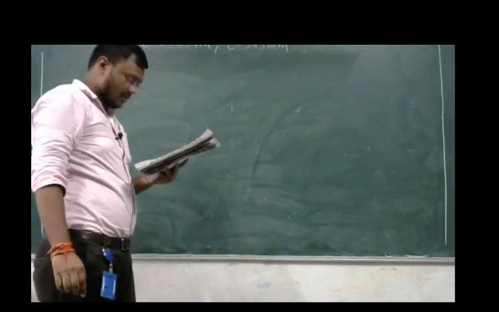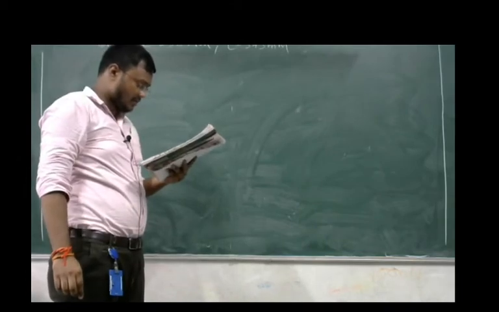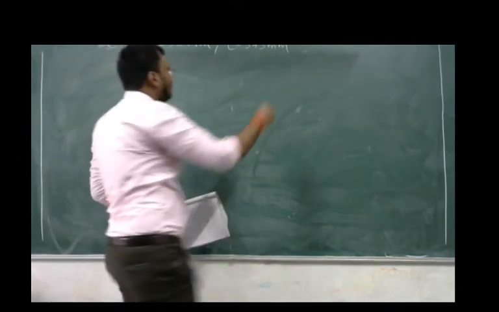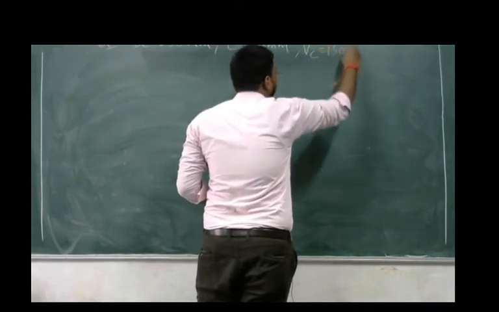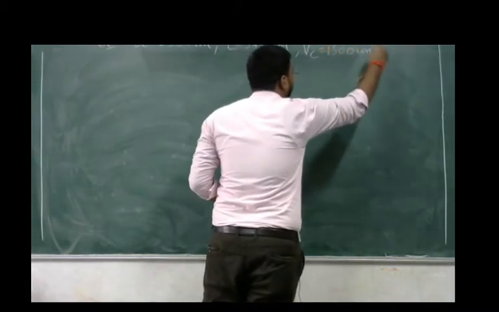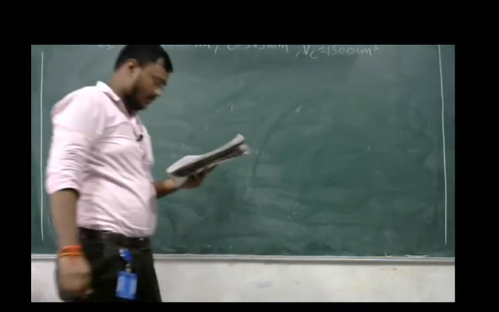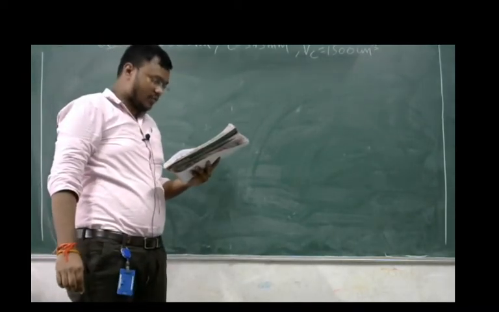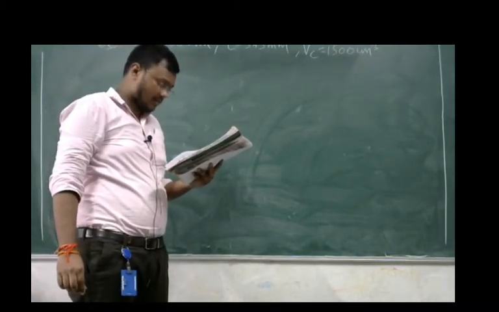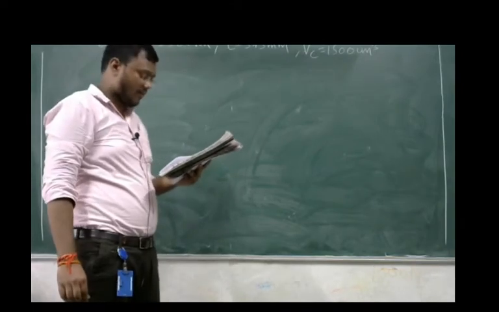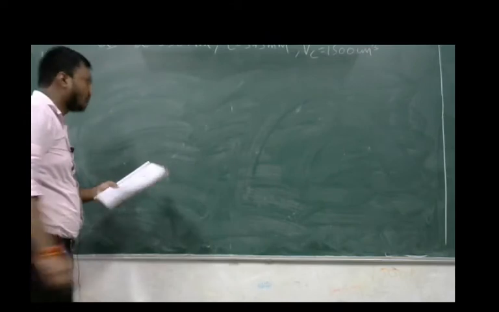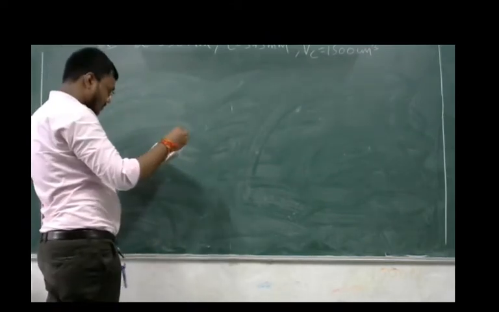The clearance volume is VC, equal to 1500 cubic centimeters, with fuel cutoff occurring at 5% of the stroke. So it is given.